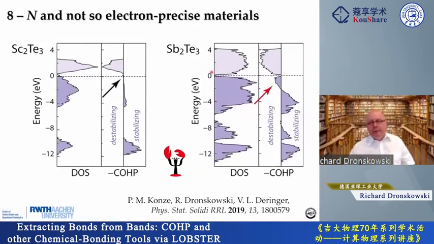This is a typical solid state case. You probably know the crystal structure of scandium telluride. So this is from the third main group. So it is trivalent scandium 3+. And this is from the sixth group. So it's tellurium 2-. So this is electron precise.